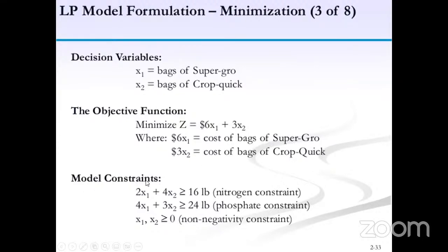Then the constraints, the conditions: 2x1 plus 4x2 greater than or equal to 16 is the nitrogen constraint. Similarly, 4x1 plus 3x2 greater than or equal to 24 is the phosphate constraint. Here also x1, x2 greater than or equal to 0. Is this clear? Having any doubt?